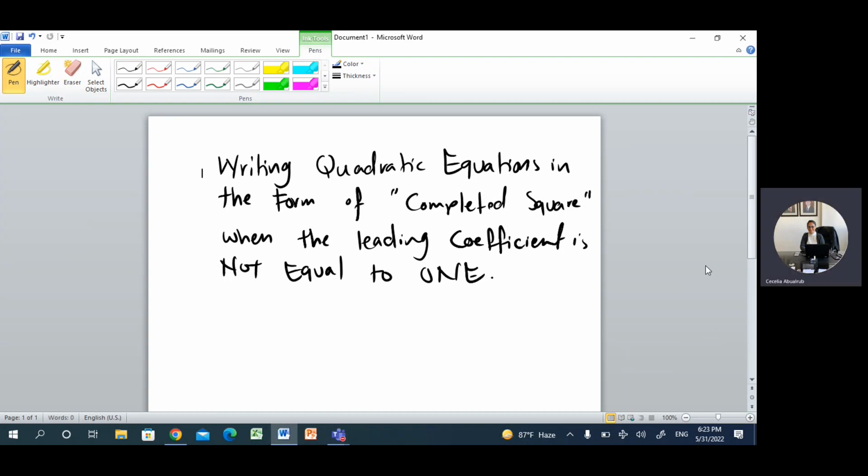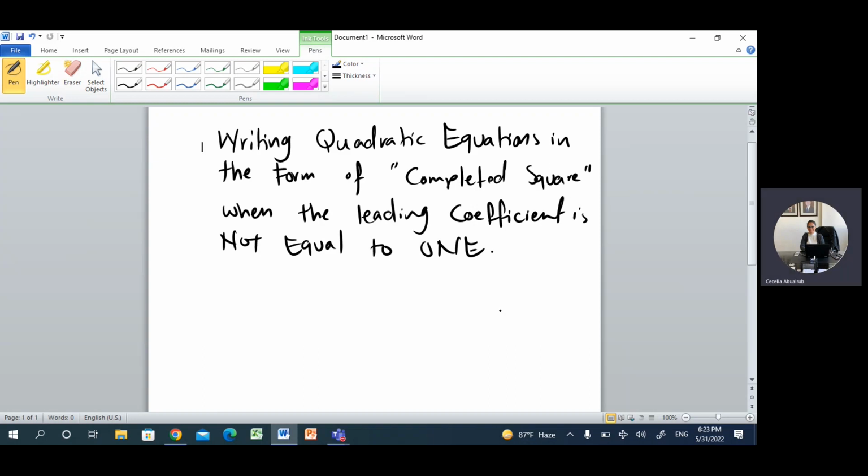Such as in the following example. Let me write an example.